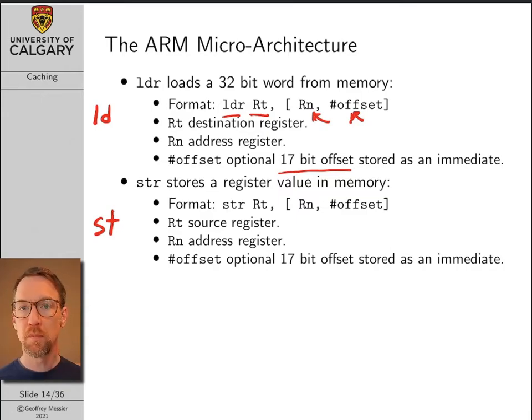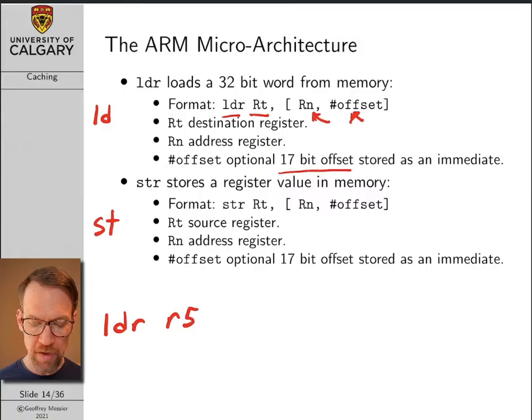So for basically all the examples in this lecture, we're going to see things like LDR, some register, maybe R5, and then in all cases, I'm going to give register 0 as the register containing our address, and then I'll give some offset.